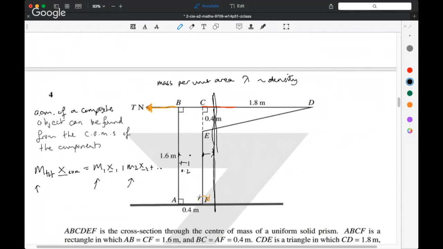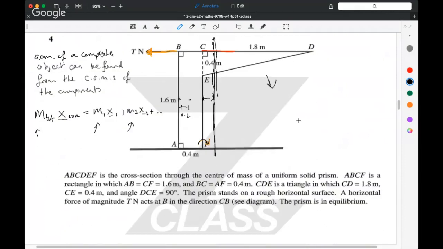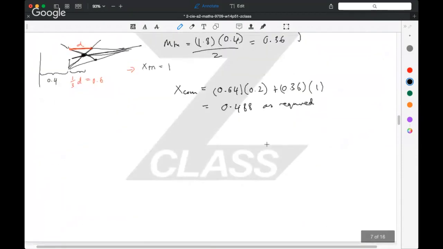In which case you would have some sort of rotation around F, and it would fall down like so. So this is our case one. Case one: topples that way.